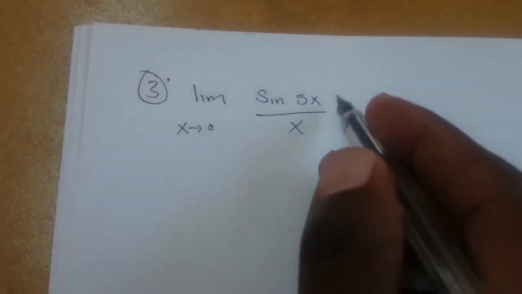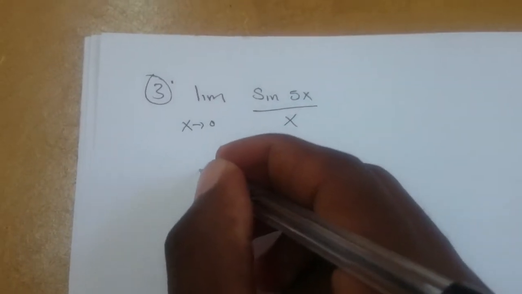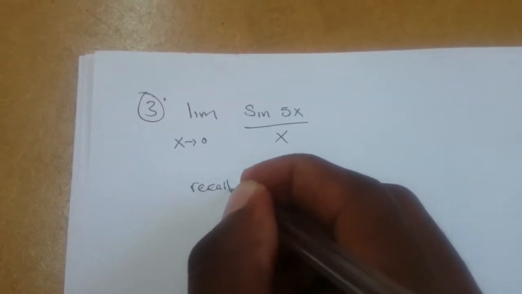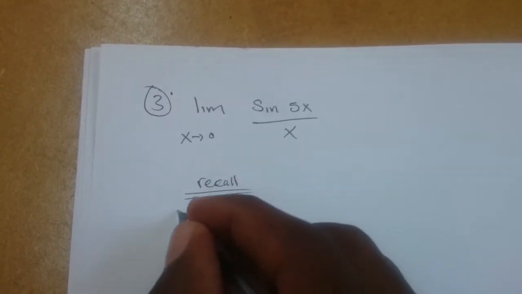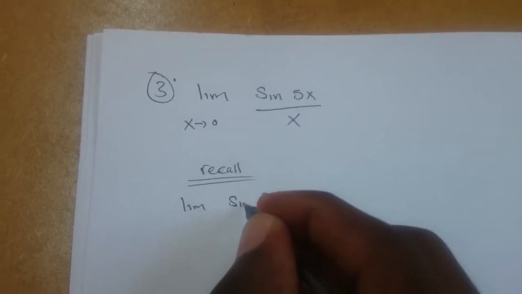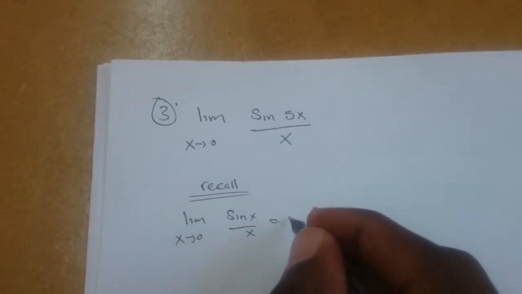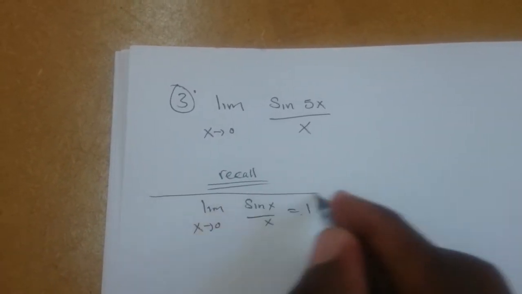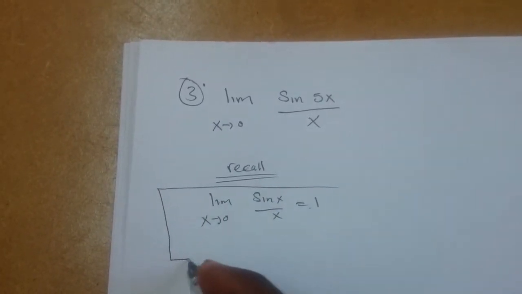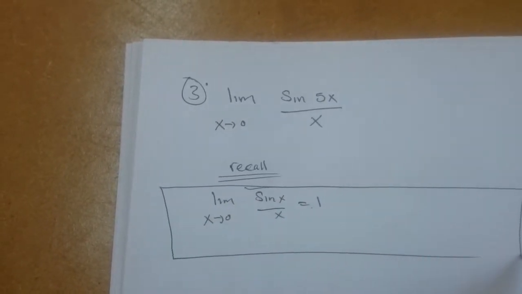So to find this limit, recall that the limit of sine x over x as x is approaching 0 will give us 1.